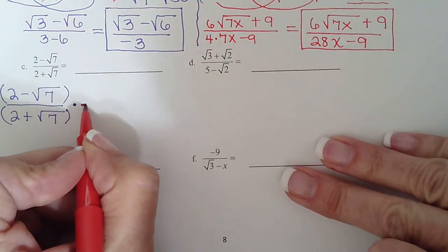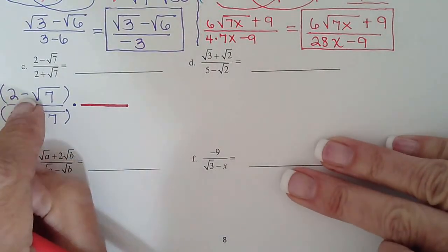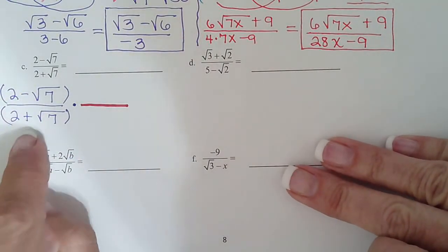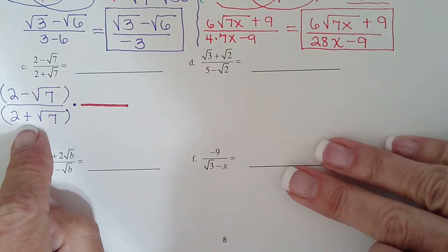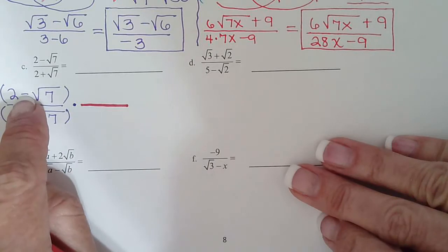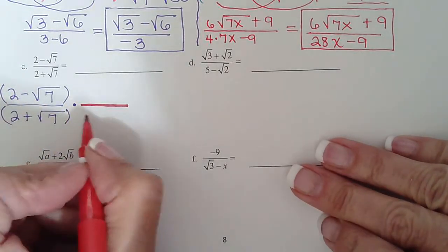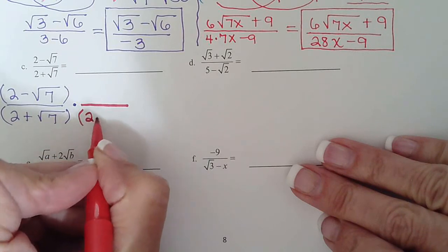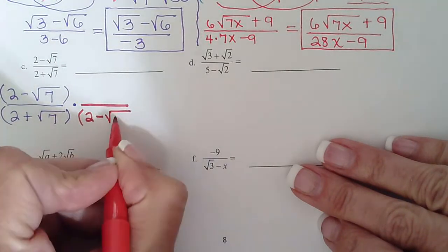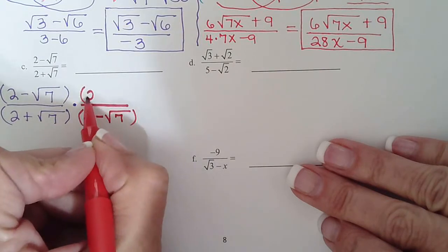I remember students on the final last semester messing this up because they did the conjugate of the numerator. You do the conjugate of what you're trying to get rid of. I'm trying to get rid of the radical in the denominator. So don't do the conjugate of the numerator. Do the conjugate of the denominator, which would be 2 minus radical 7. And whatever I do to the denominator, remember I have to do to the numerator.